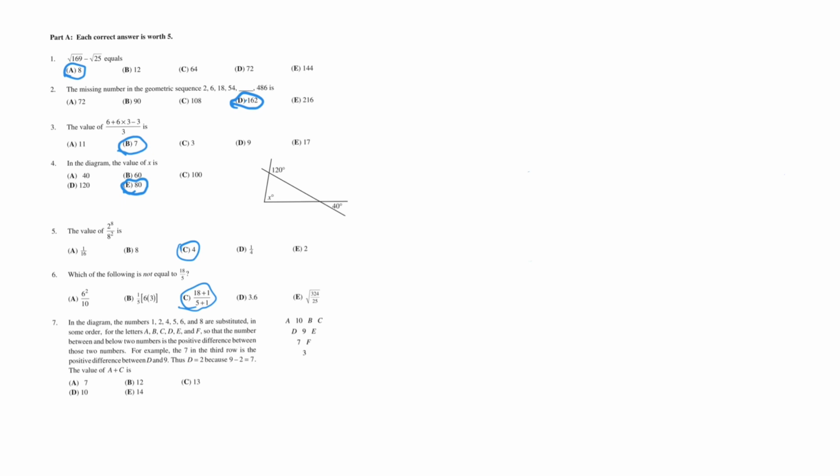For example, the 7 in the third row is the positive difference between D and 9, thus D equals 2 because 9 minus 2 is 7. The value of A plus C is.